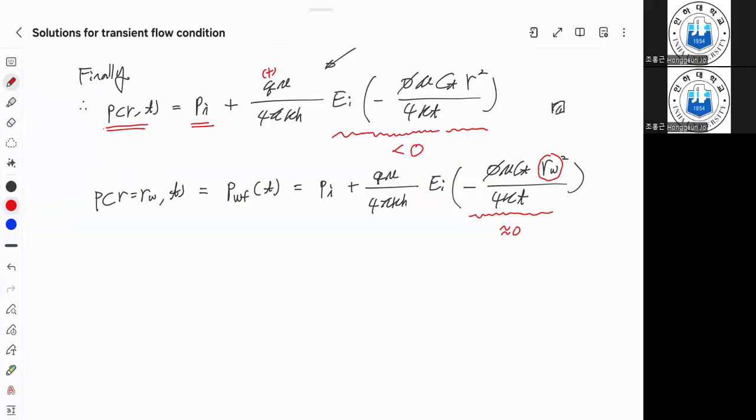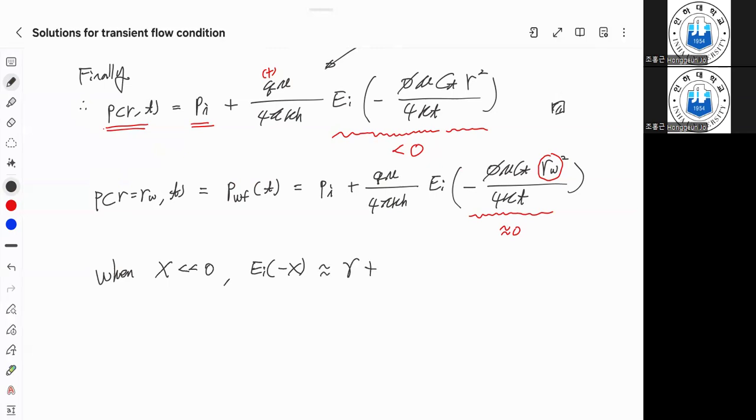It says when the x variable is close to 0, the Ei(-x), which is this function, can be written as this approximation.